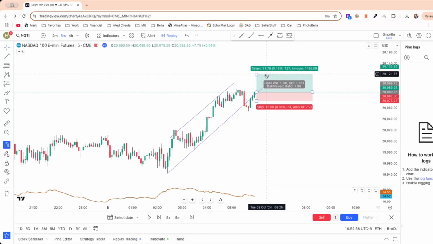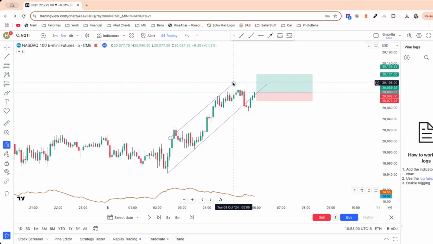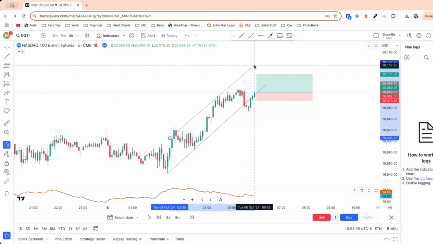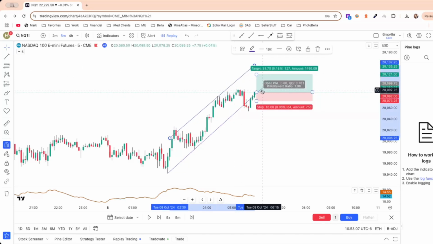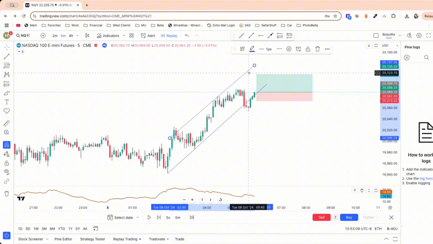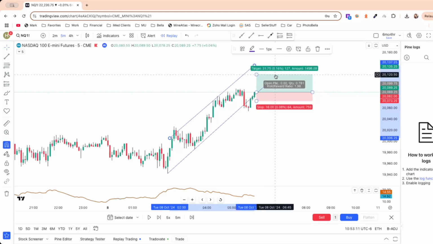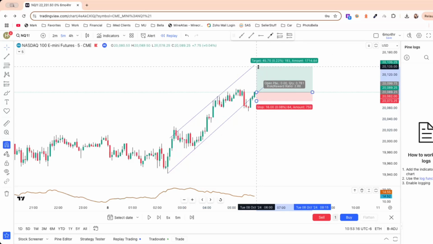Yes, I think we could reach that point pretty easily. Even if we go up, this seems like a very easy to reach profit target. We could probably make it even higher. We could probably go to almost a 3-to-1 risk ratio using this as the stop loss.